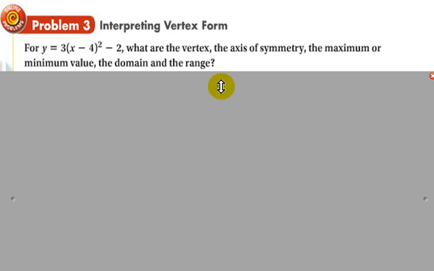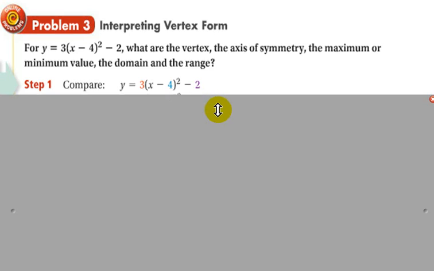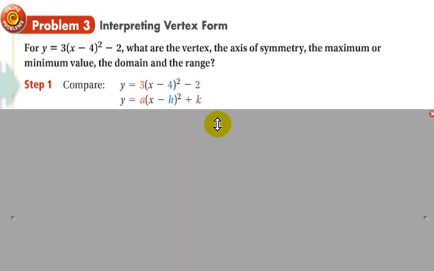So let's get started. You want to first write your equation that they gave you. Okay, there it is. And you want to compare it against the original generic equation. So we can quickly see my a value is 3, my h value is 4, and my k value is positive 2.